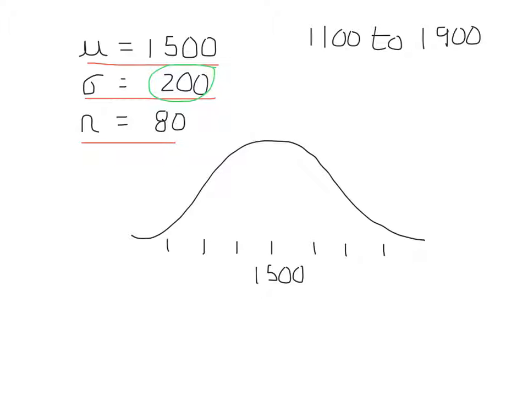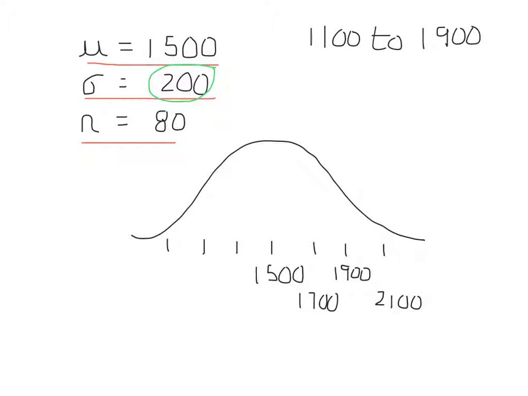So when we go up 1 standard deviation above the mean, we're going to be at $1,700 because 1,500 plus 200 is 1,700. If I go up 2 standard deviations above the mean, I have to add another 200 to the 1,700, and that gives me a value of 1,900. 3 standard deviations would be 200 more than that, or 2,100.